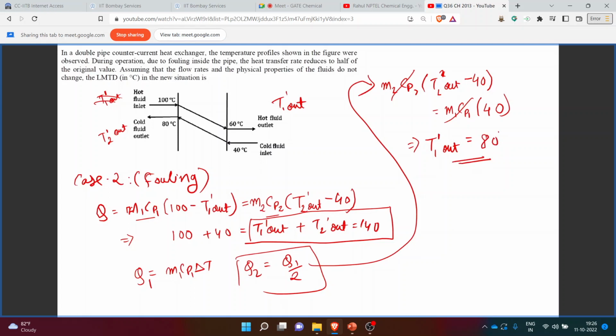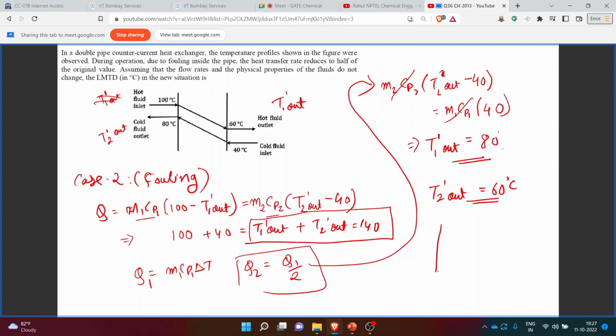And similarly, from this correlation we will be getting T2' out as 60 degrees Celsius. So for the hot fluid the temperature will be 80 and for the cold fluid it will be 60.